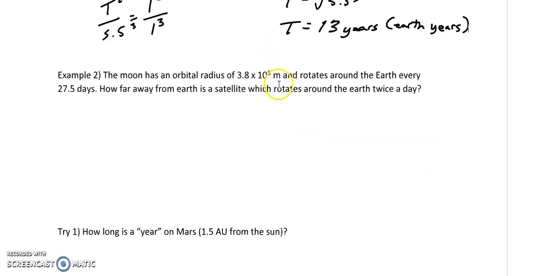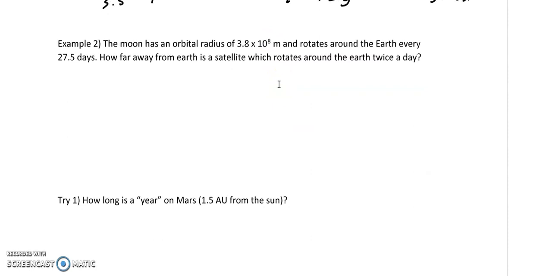Okay, let's take a look at this next example here. In this case, the moon has an orbital radius of 3.8 times 10 to the 8 meters and rotates around the Earth every 27.5 days. How far from the Earth would a satellite be if it rotates around the Earth twice a day? So T squared over r cubed is equal to T squared over r cubed again.